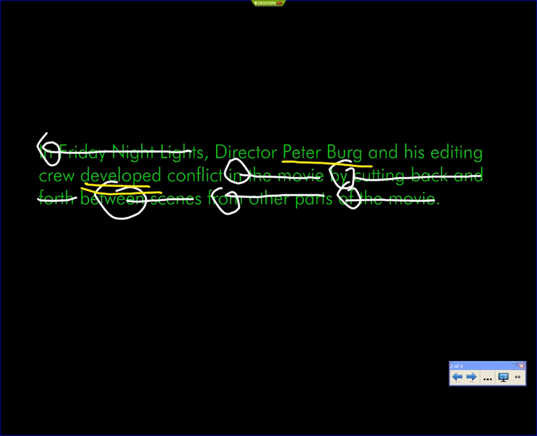Can somebody tell me the one wrinkle of complexity that Jordan has thrown into this sentence? There is one little issue. Haley. Editing crew. So crew, we have two subjects. Peter Berg, crew.